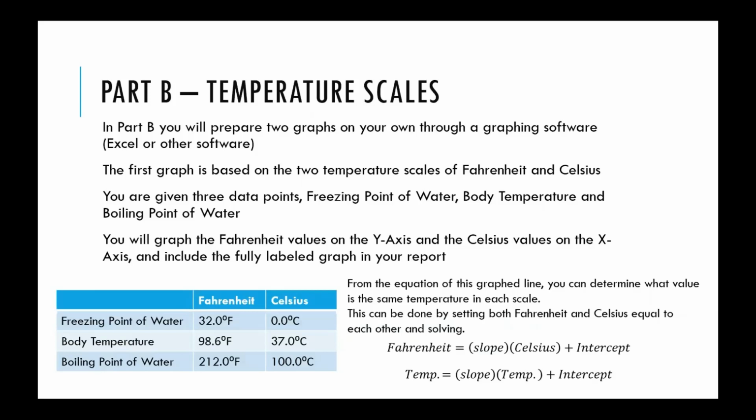These are 3 known points in each of the different temperature scales, Fahrenheit and Celsius. So you're graphing the freezing point of water, body temperature, and the boiling point of water, with Fahrenheit listed on the y-axis and Celsius plotted on the x-axis.